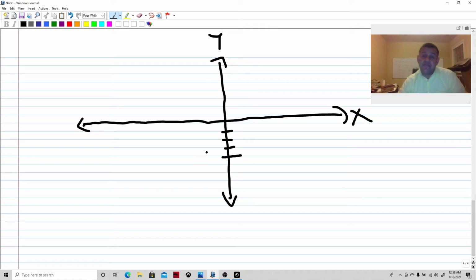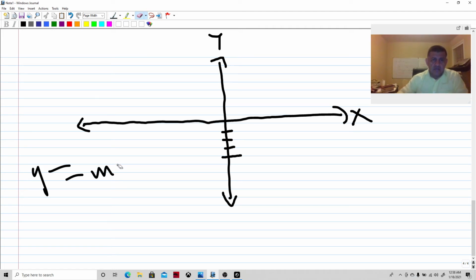It will intercept at y, because remember that y equals mx plus b.